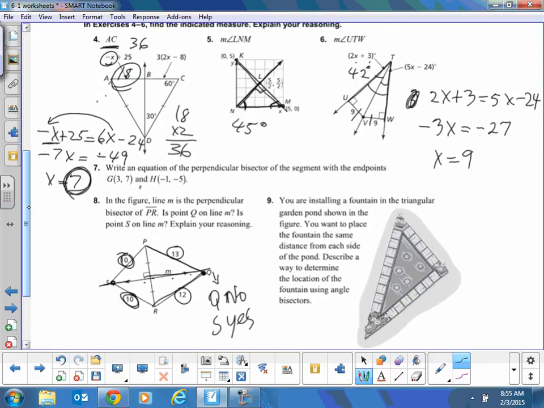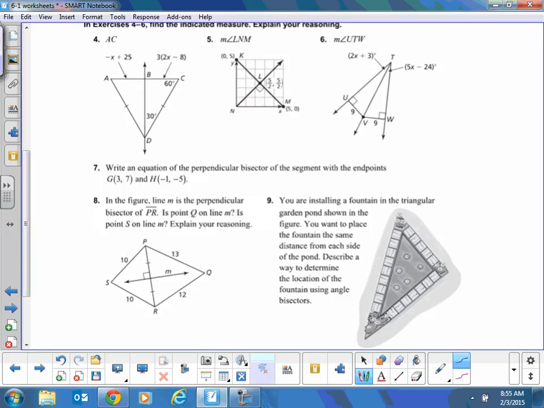Why don't you try this one and go as far as you can and then check your work against mine. You've got to find the slope and the midpoint. First you have to find the midpoint.